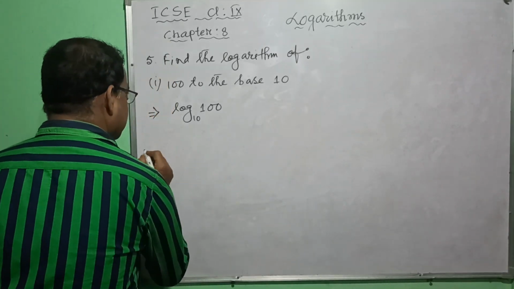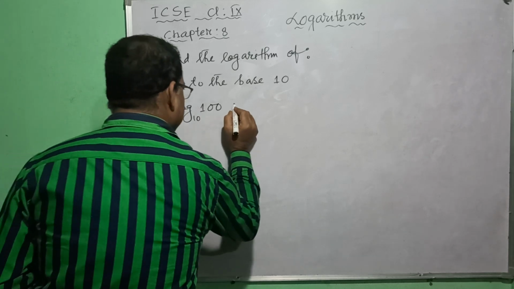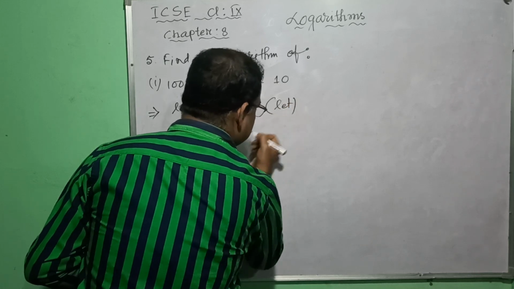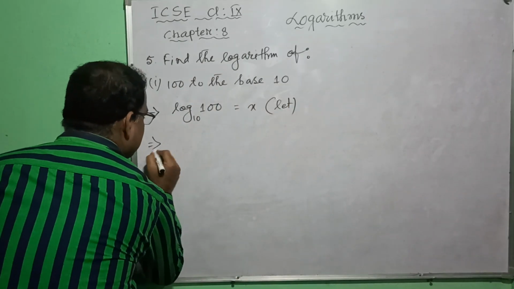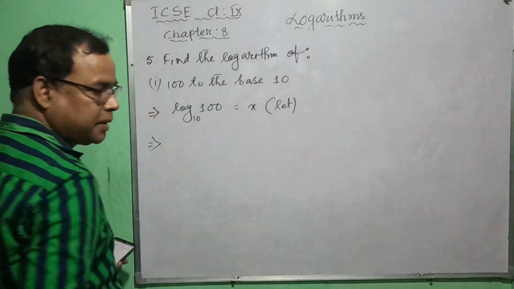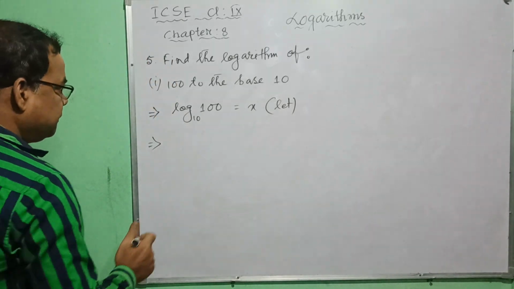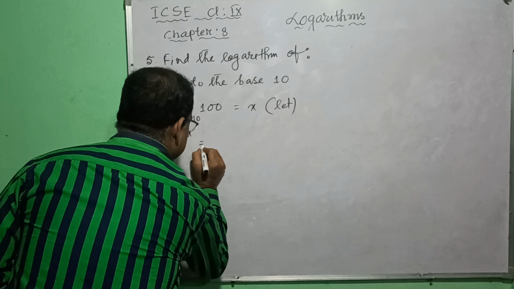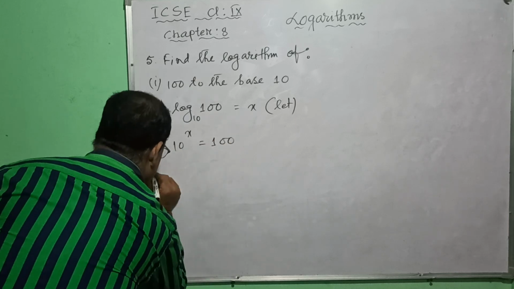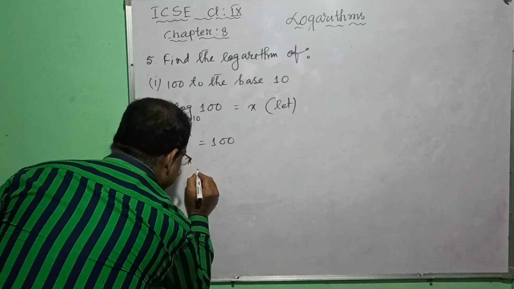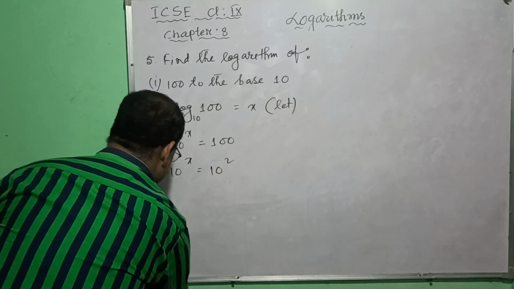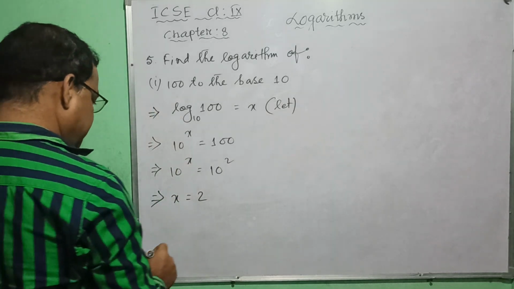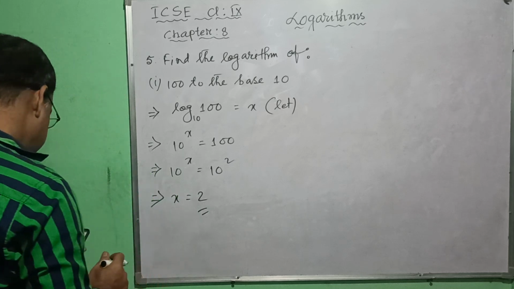Let it be x. It is a very easy method. If we take it as x, we can write 10 to the power x equal to 100. This implies 10 to the power x equal to 10 square. Now we can compare: x equal to 2. So this is the value of x.